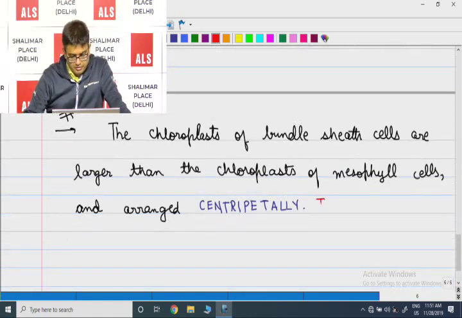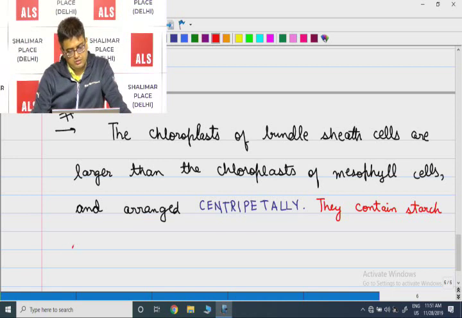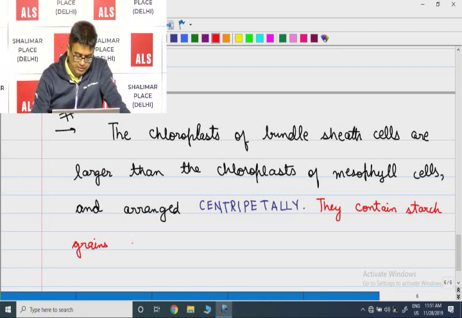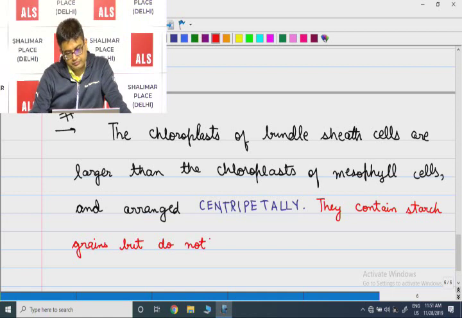They contain starch grains. I am adding this by myself because this is something else. They contain starch grains but do not have grana. Grana are absent. This is called agranal.